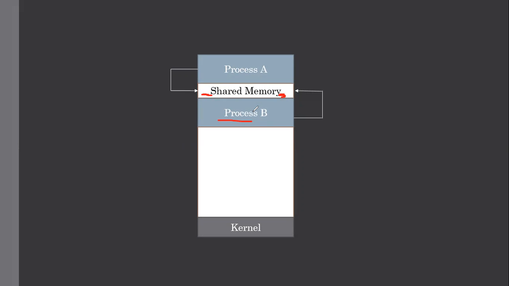So they have to first remove this restriction, and then they can exchange information by reading and writing data in the shared areas. Okay, and then the processes are also responsible for ensuring that they are not writing to the same location simultaneously.